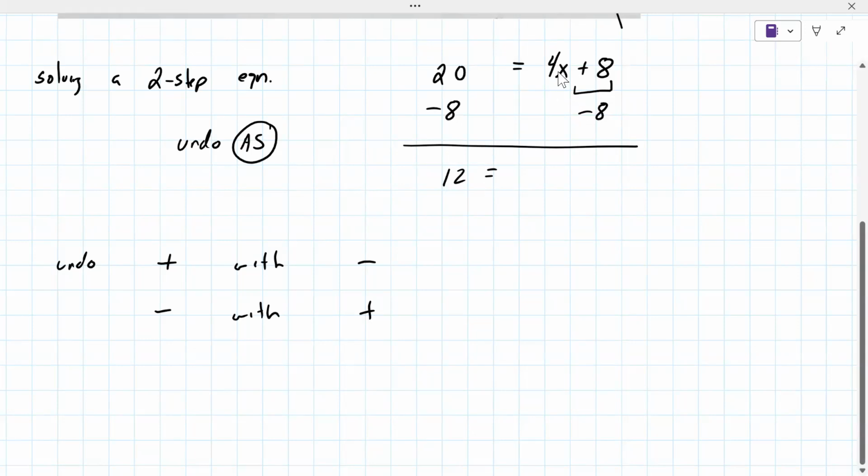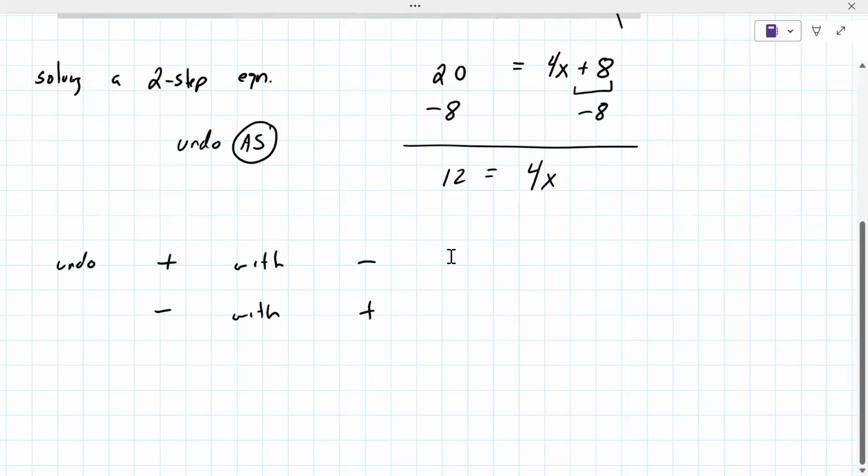What about this letter to the right of it? x. 4x. So 4x remains. So when you subtract, it goes away. Does that make sense? Yeah. It's gone. So now the 4 is multiplying the x.